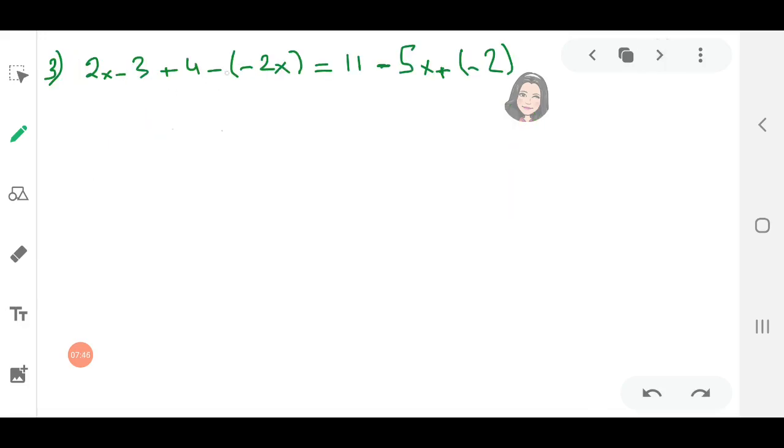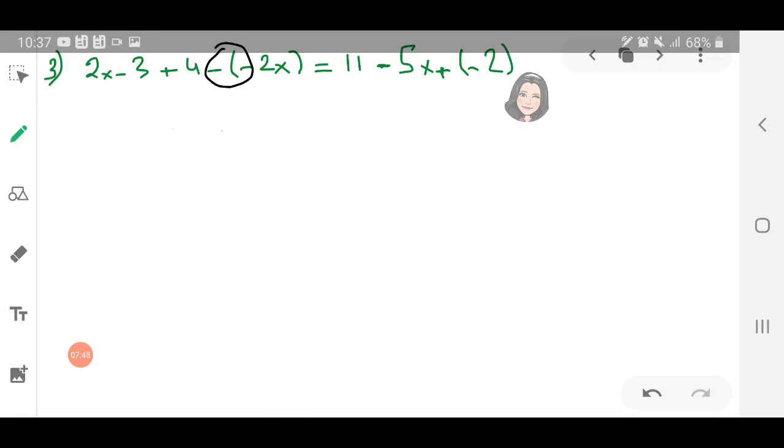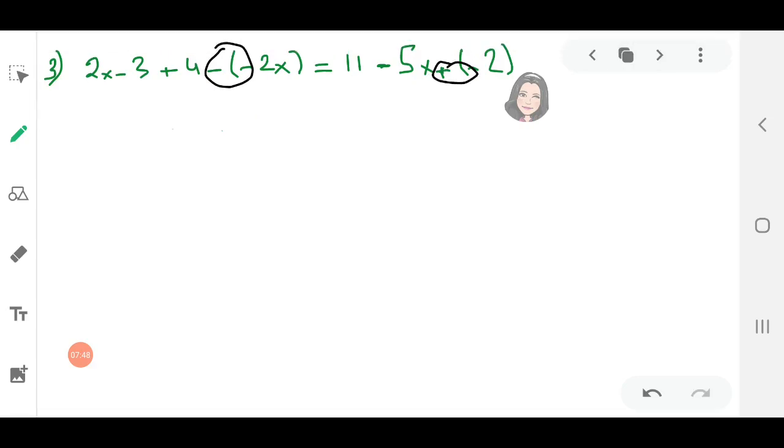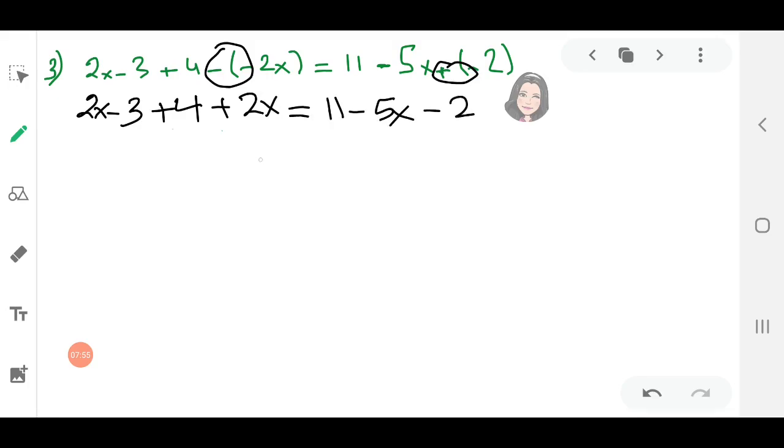Over here, the first thing we need to do is to make sure that I don't have two signs next to each number. So 2x minus 3 plus 4, minus and minus is plus 2x, equal 11 minus 5x plus and minus is minus 2. Okay, now put the x's together.